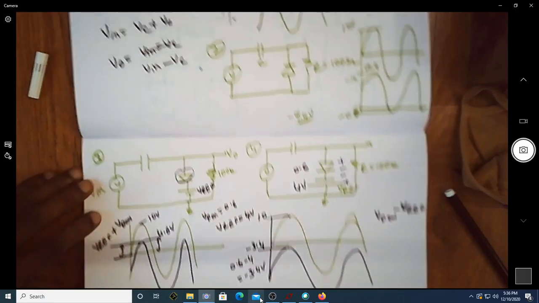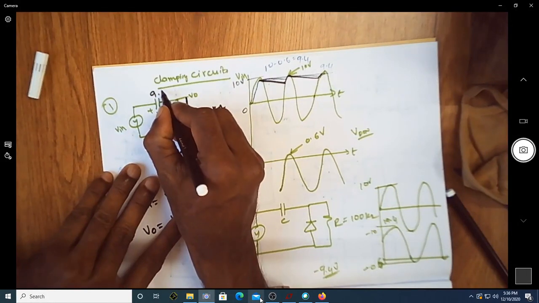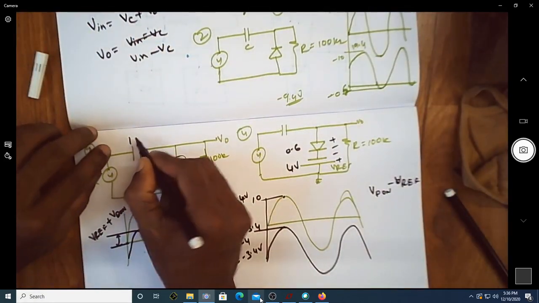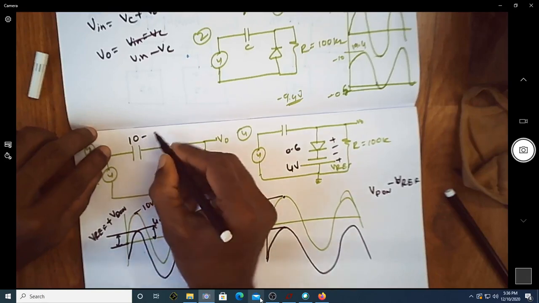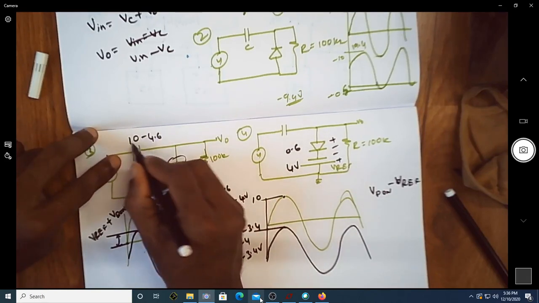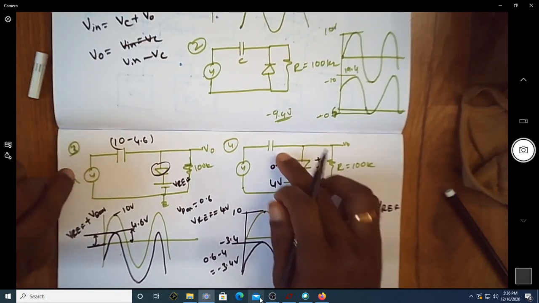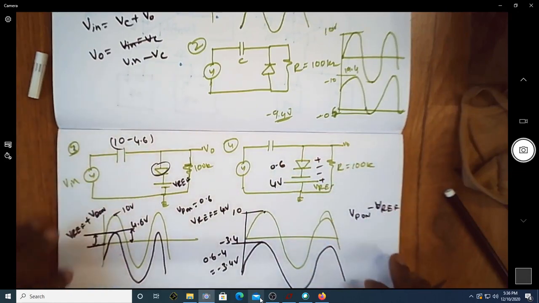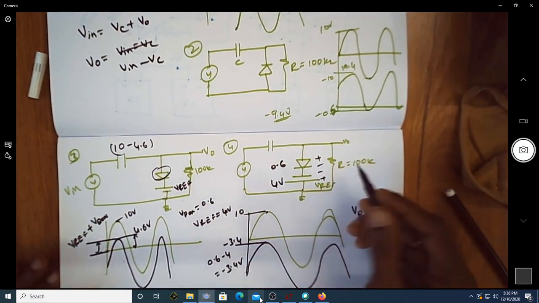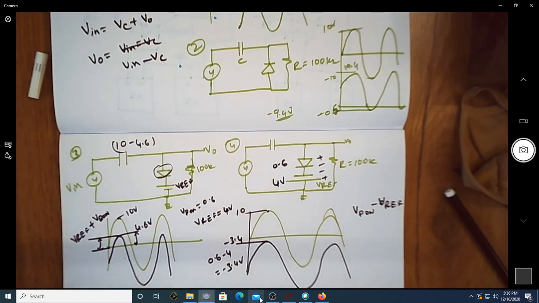Here, in this case the capacitor voltage is 9.4 volt, and here how much is the voltage? It is 10 minus how much, 4.6 volts will be the capacitor voltage. Here it would be in terms of negative voltage, it will be minus.